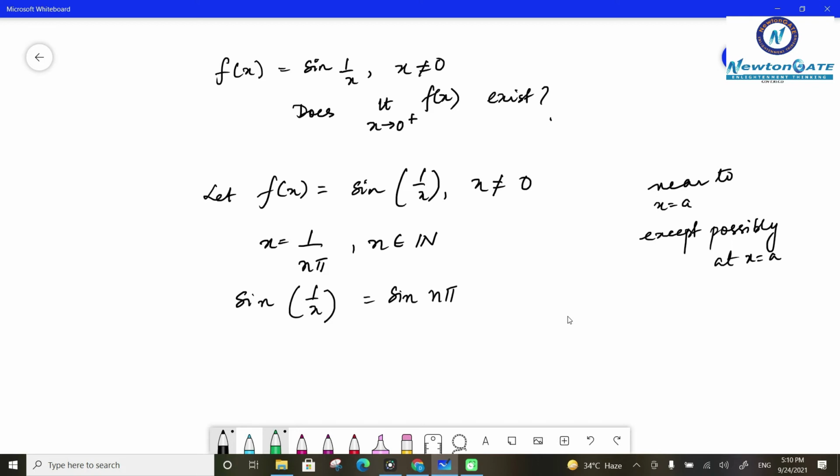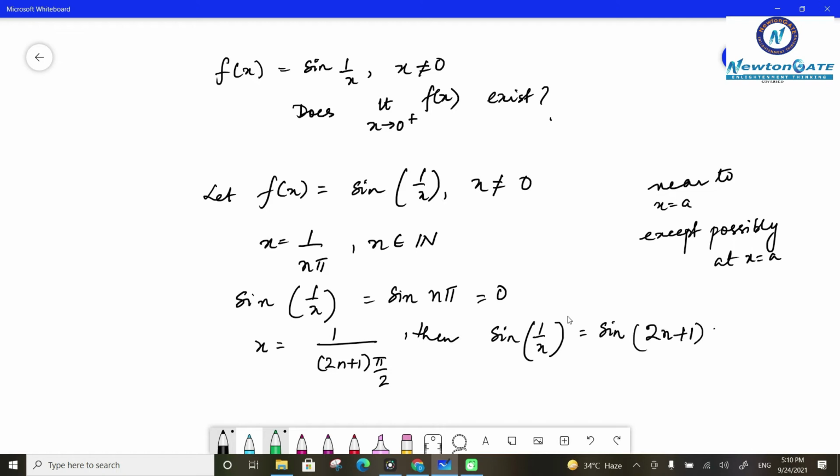It will become sin n pi, that is equal to 0. Now similarly, if I take x equal to 2 over (2n plus 1) pi, that is 1 by (2n plus 1) pi by 2, then sin 1 by x will be equal to sin of (2n plus 1) pi by 2, which is minus 1 to the power n.